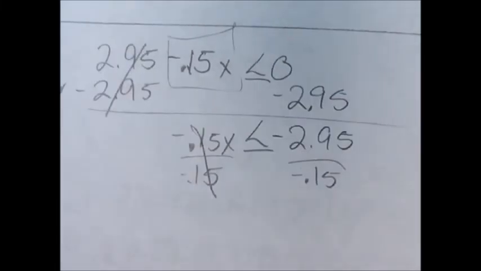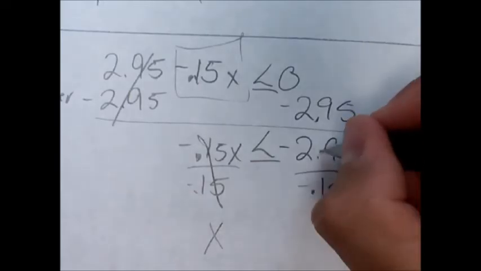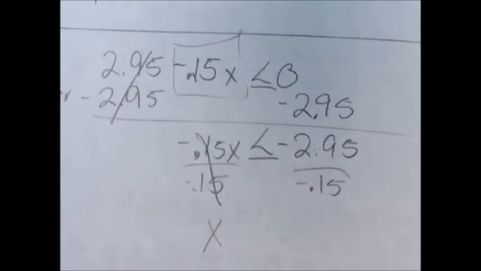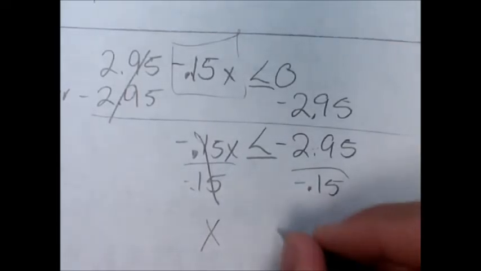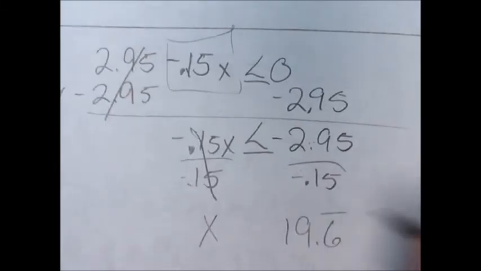This becomes gone, leaving x. Then I need to divide 2.95 by 0.15. What'd you get? 19 2/3. So I'm going to put it as a decimal since we've been in decimals. 19.6 repeating. Positive, right? Because we divided a negative by a negative.